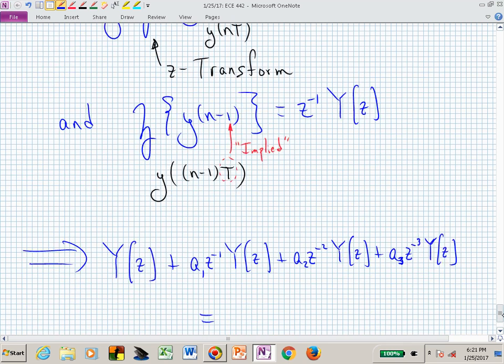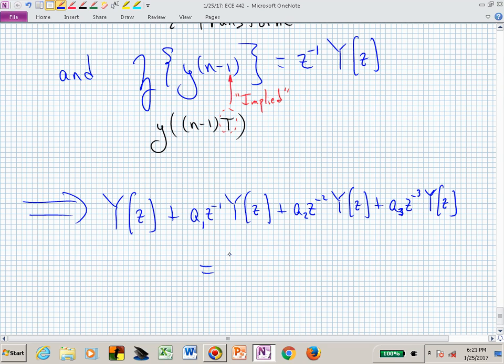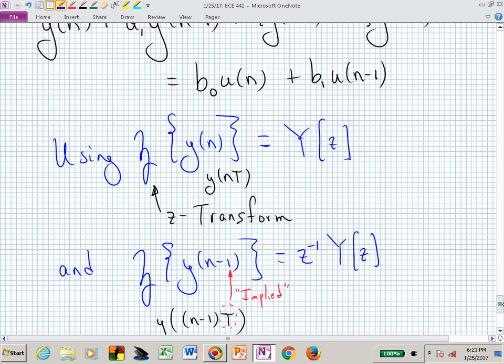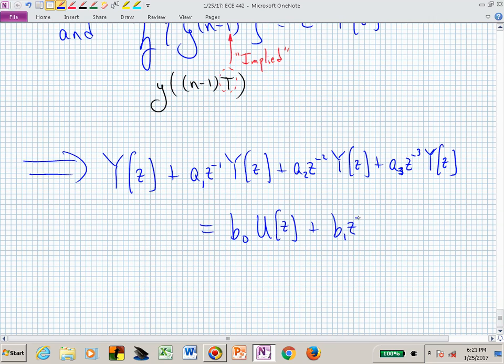We now say that we have all of this on the left equal to b sub 0 capital U of z plus b1 z to the minus 1 U of z. Can it be any easier to convert a time domain difference equation into its frequency domain expression doing the z transform?